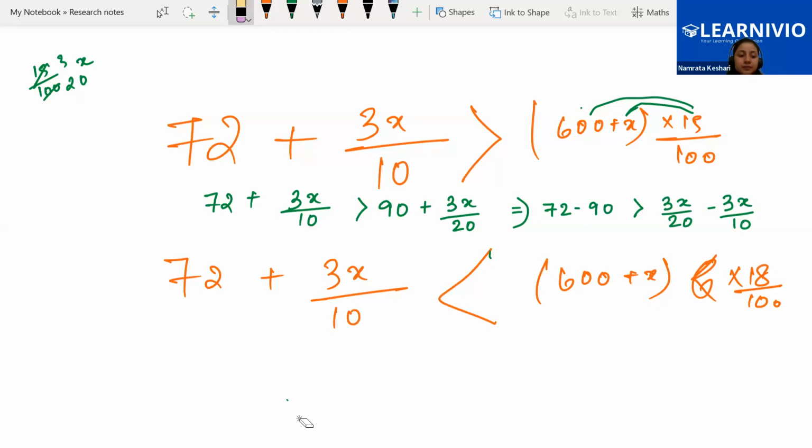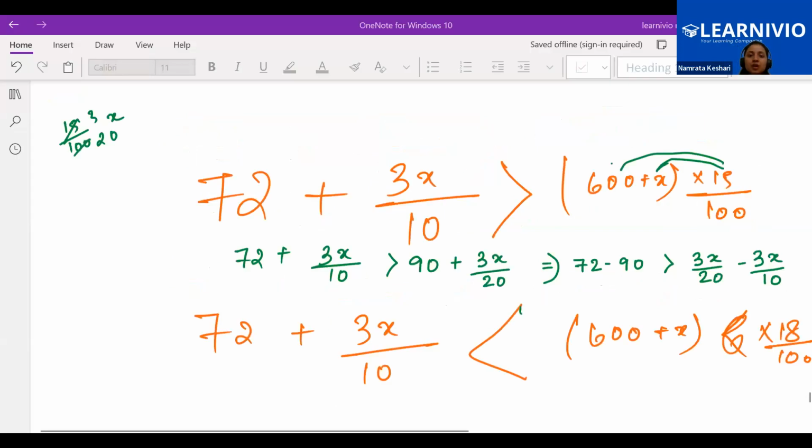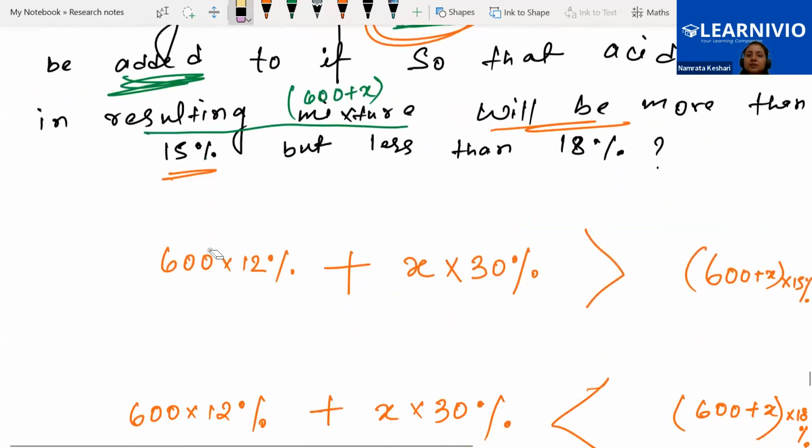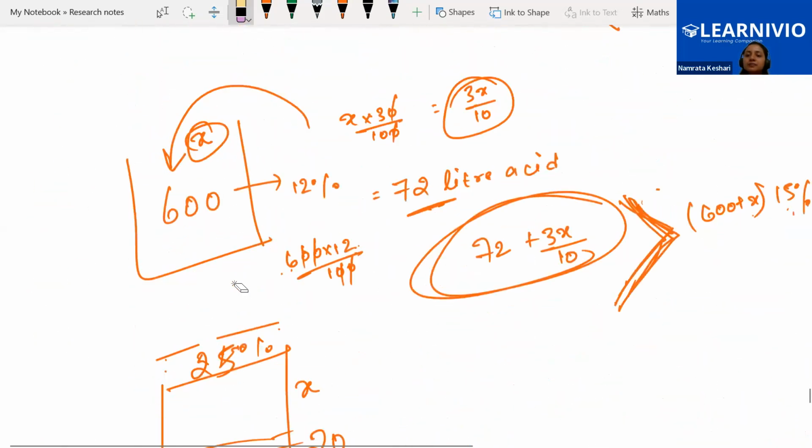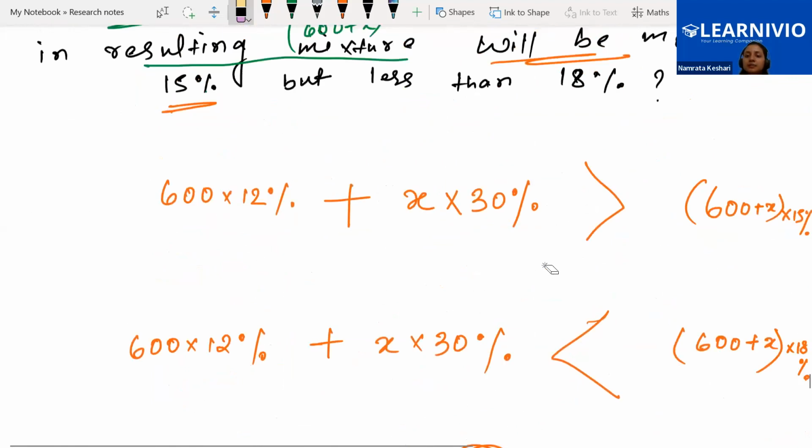Are you able to solve it? No? Okay. Yes, ma'am, can you scroll up? Yes, sure, I will scroll up. This is the actual scenario, the simplified form: 12% of 600 is 72, which we are writing over here. Write the actual inequality, and this one only we are going to solve. Solve it.